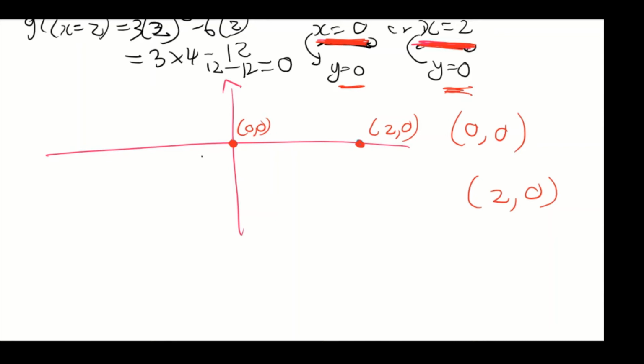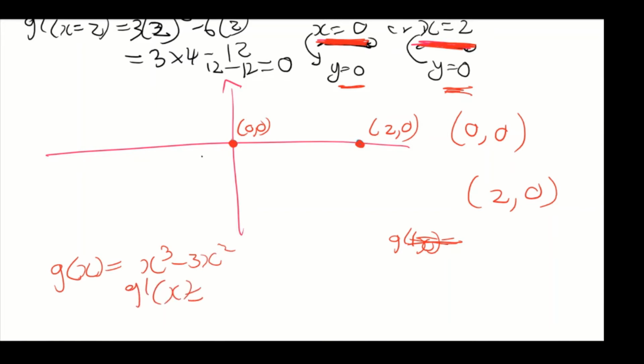So for us to draw the function, we need also to identify the turning point of the function. So the g prime of x is equal to, remember that the derivative, because our g of x is equal to x cubed minus 3x squared, when you derive, we get 3x squared minus 6x, and to find the turning point, we have to find x of t, which is equal to minus b over 2a, of which our b in this case is this minus 6 here.